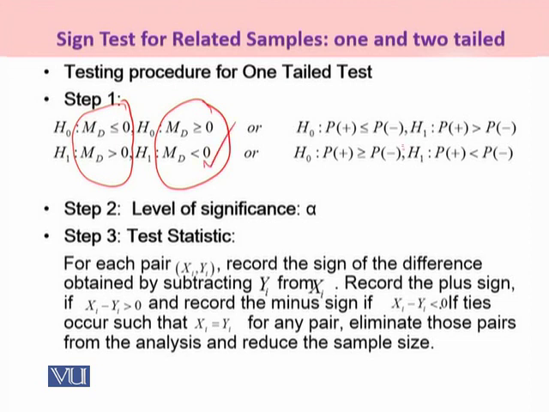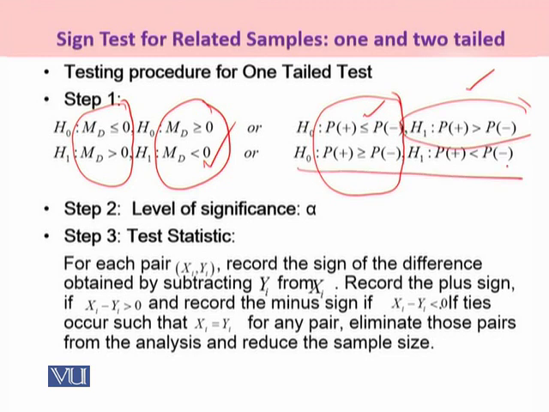In parallel, we have written the pair of hypotheses in the form of proportions: the proportion of positive signs is less than or equal to the proportion of negative signs, and the alternative is that the proportion of positive signs is greater than that of the negative signs. Similarly, the proportion of positive signs is greater than or equal to the proportion of negative signs, and the alternative is that it is less.